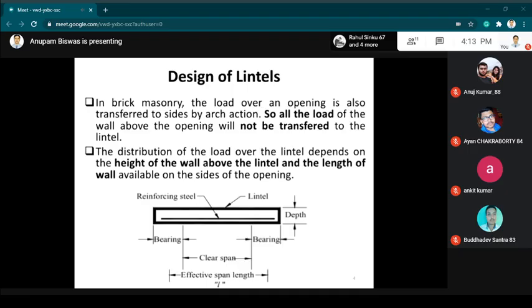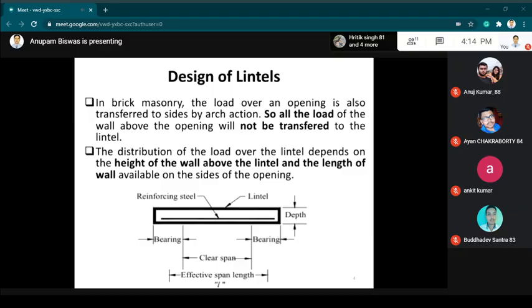It is not necessary that it will take the complete load of the masonry structure. Due to arch action, if an arch-type structure is formed, some of the load could be transferred to the bearing, and the whole masonry load may not be transferred to the lintel.